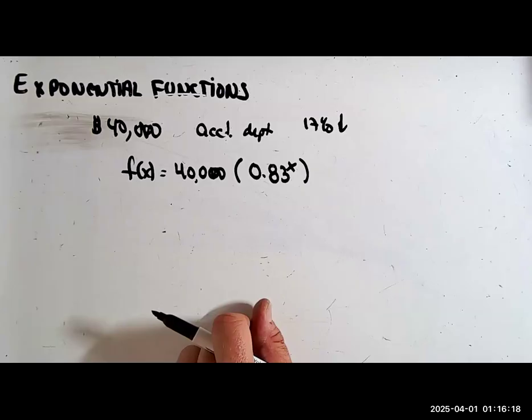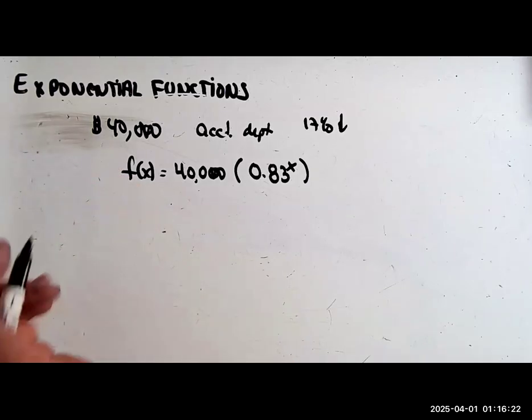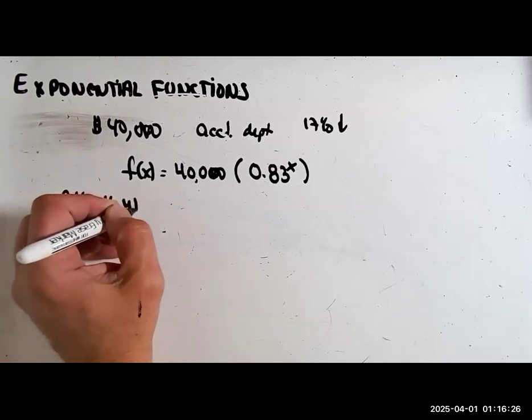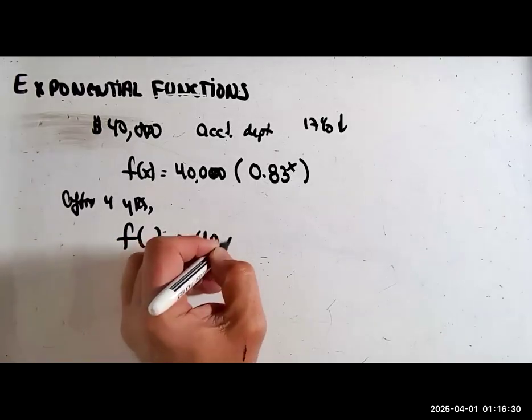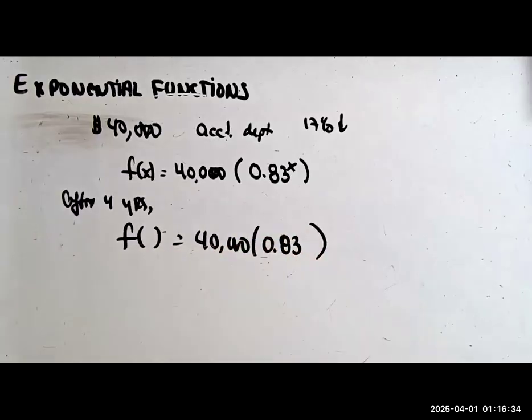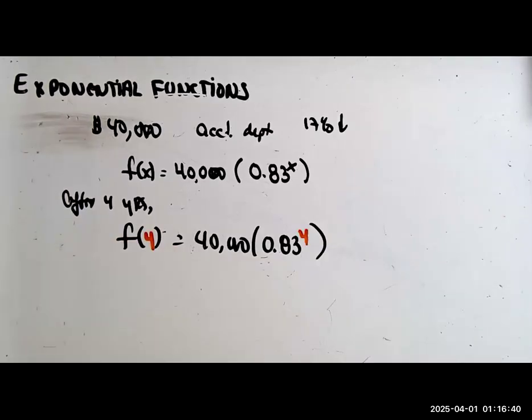Okay. So if you want to find the value of the asset, the book value, after 4 years, the value will be 40,000 parentheses 0.83 raised to the 4. We let the calculator do the work.